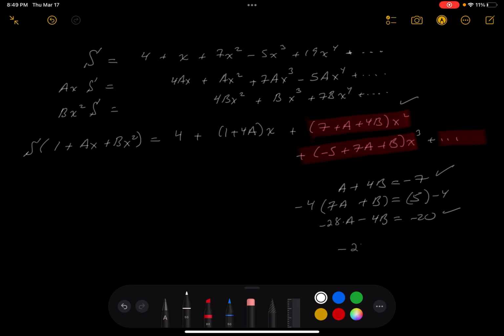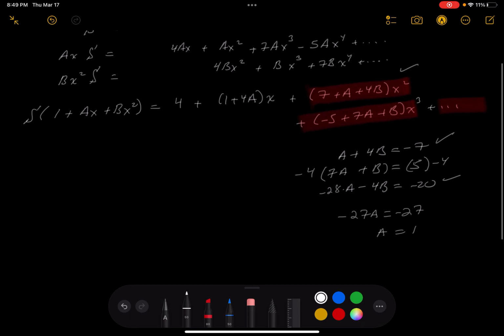Minus 27A. There would be no B's, right? And that would be minus 27. So A is equal to 1. All right? Let's see if we get the B now. And what's the B going to be? I guess probably this one over here. Looks like the easiest one to do. And what would the B be? Well, if A is 1, B would have to be minus 2.